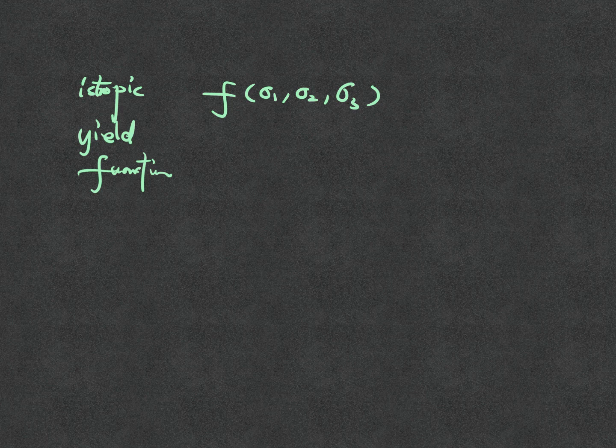Now, there is more than one way to write the isotropic functions. Another thing we learn from matrices is that sometimes people like to write it in terms of invariants, I1, I2, and I3.